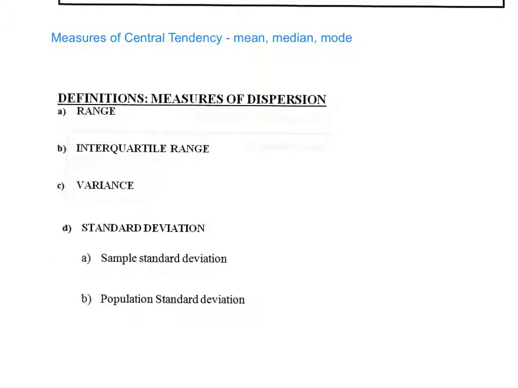In this lesson, we're going to take a look at measures of dispersion. If you look at that word dispersion, it means how much things are spread out. So one measure of dispersion is going to be the range. We know that to find the range, we are just going to take the maximum score and subtract the minimum score.